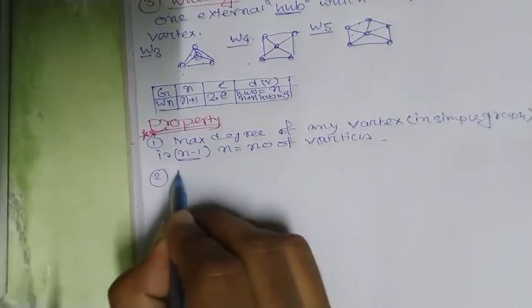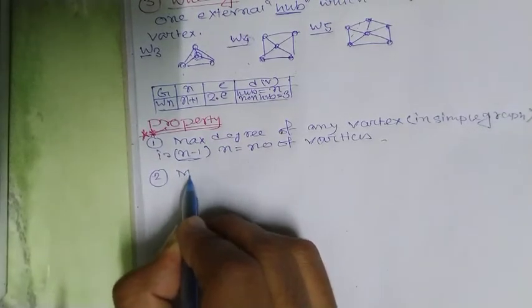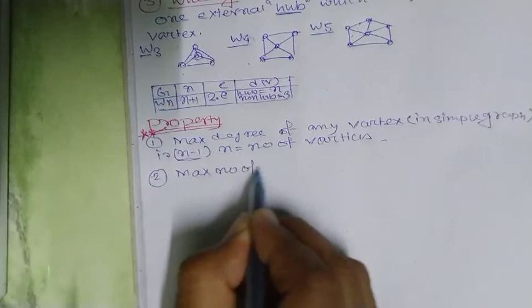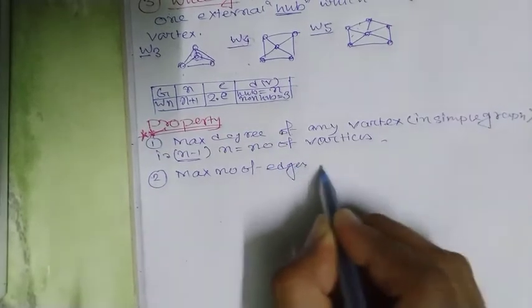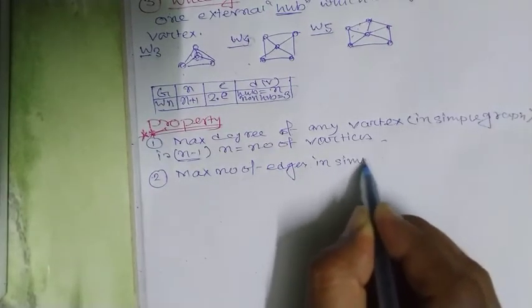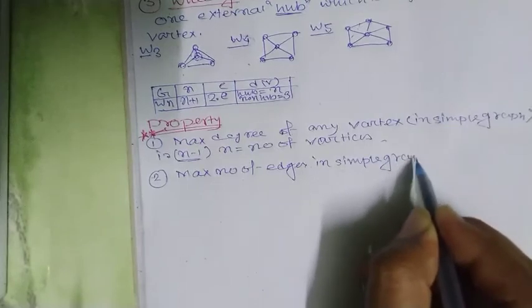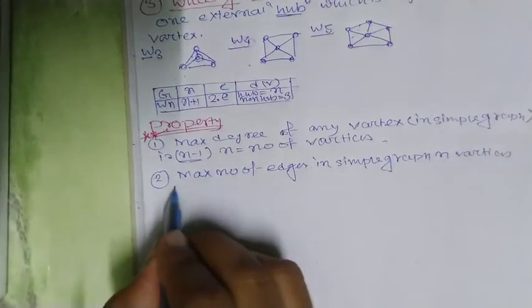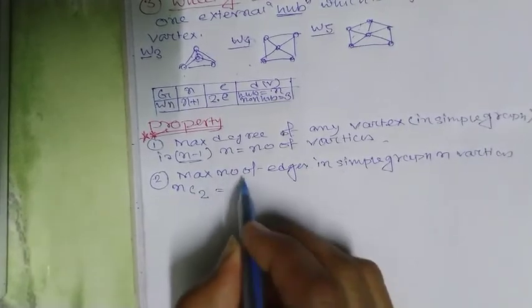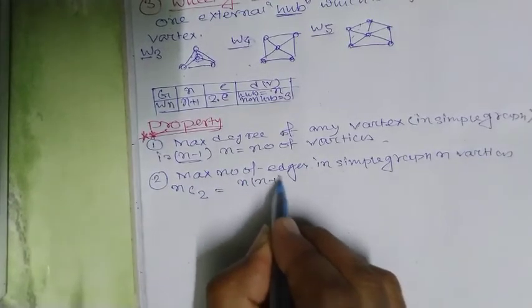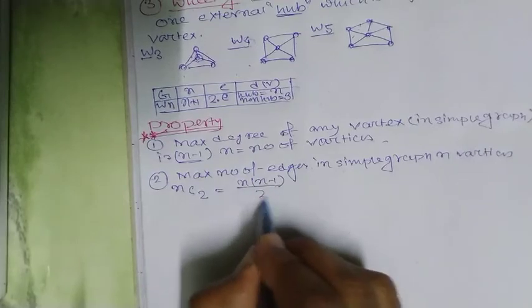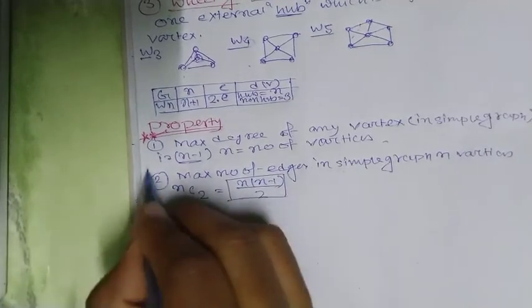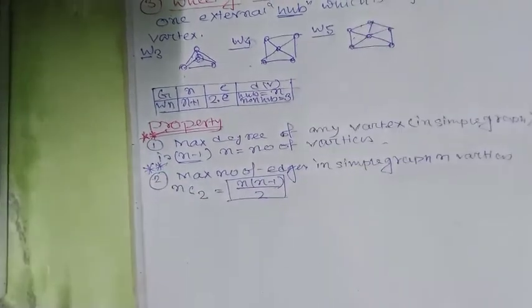And the max number of edges in a simple graph with n vertices is nC2, or you can write n into n minus 1 by 2. These two formulas we need to remember.